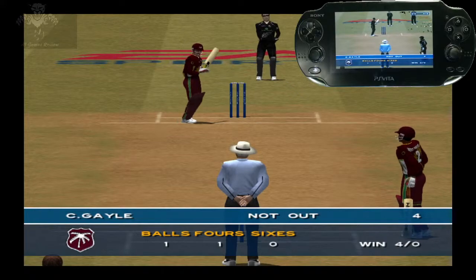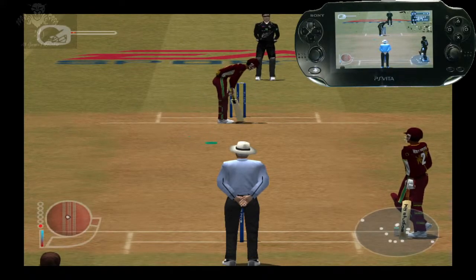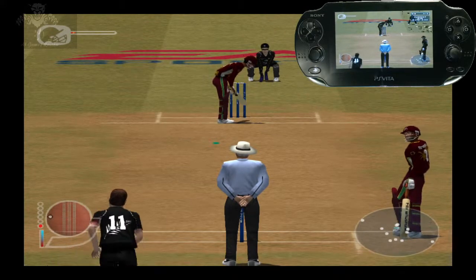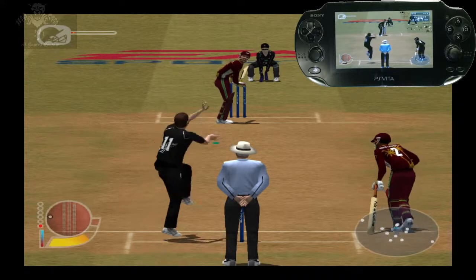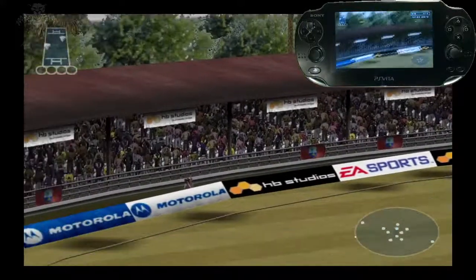Bond to bowl to Gale. That's over the rope. Six runs.